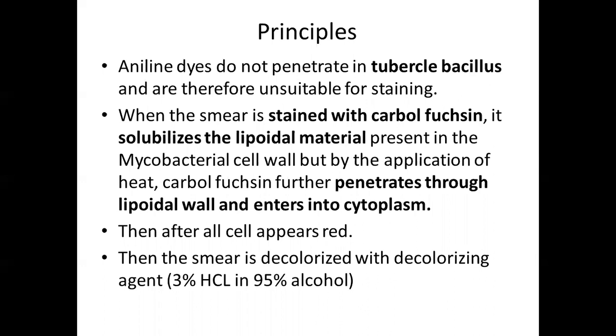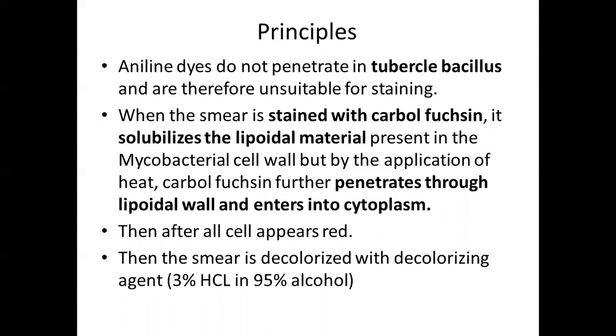Principles of acid fast staining. Aniline dye does not penetrate the tubercle bacillus and is therefore unsuitable for staining. When the smear is stained with carbol fuchsin, which was used by Ziehl and Neelsen, it solubilizes the lipoidal material.